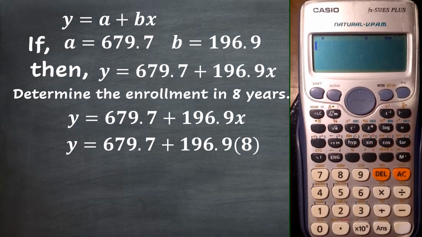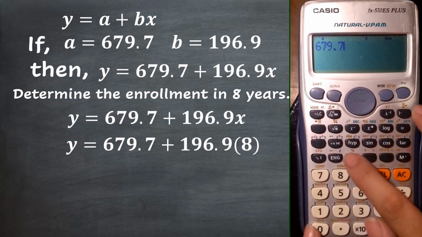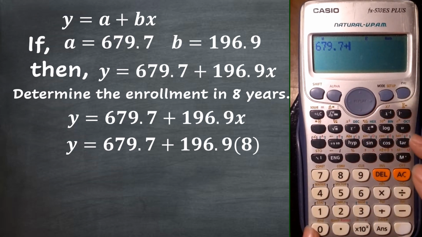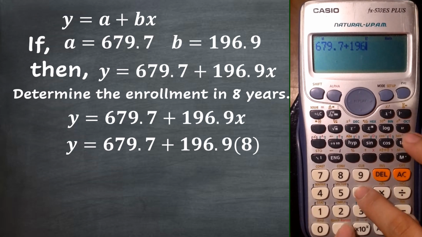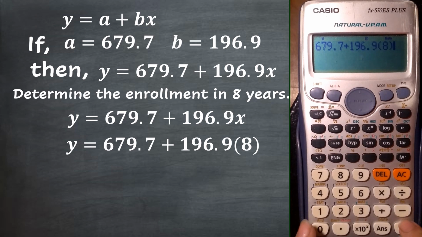For the value of y, if x is 8, we just substitute it in the given equation and we will have 679.7 plus pala 196.9 multiplied by 8. The answer is 2,254.9.